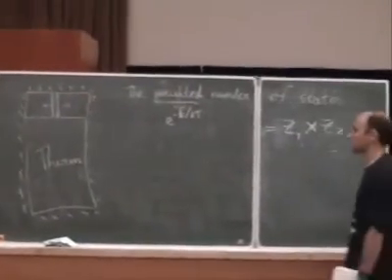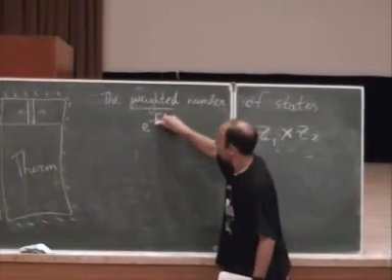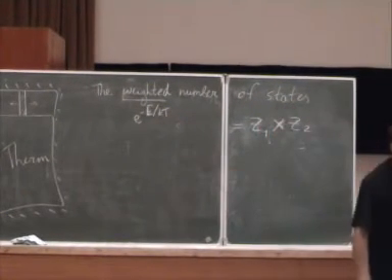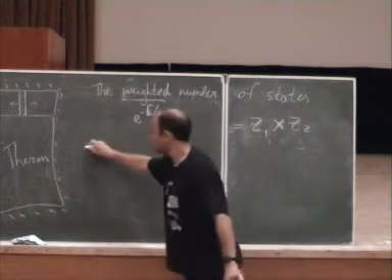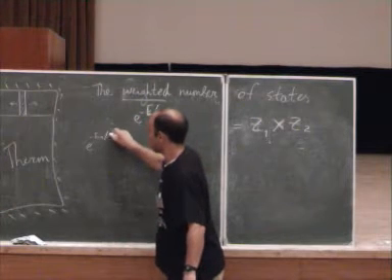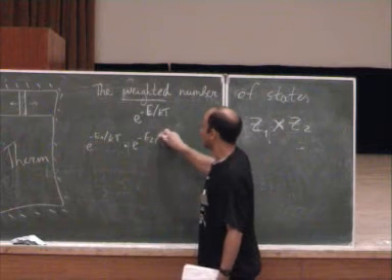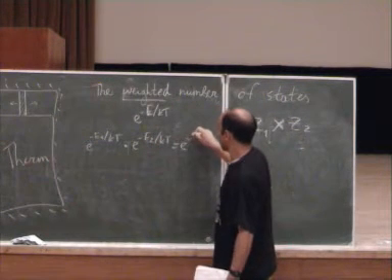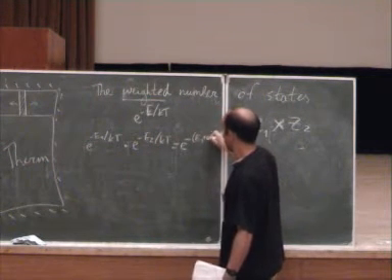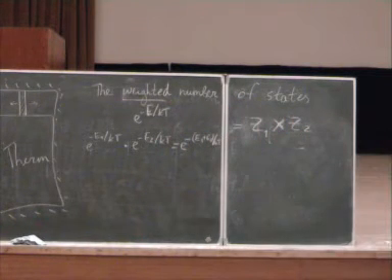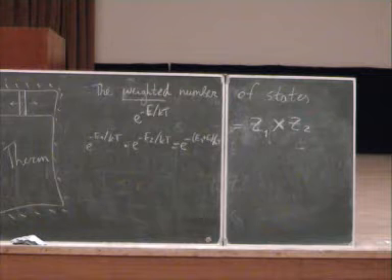So Z1 is the weighted number of states of the first system, Z2 is the weighted number of states of the second system. And since it so happens that when we add two energies, the weights are multiplied, e to the power minus E1 over kT multiplied by e to the power minus E2 over kT is equal to e to the power minus (E1 plus E2) over kT. So the weights are compatible with each other.